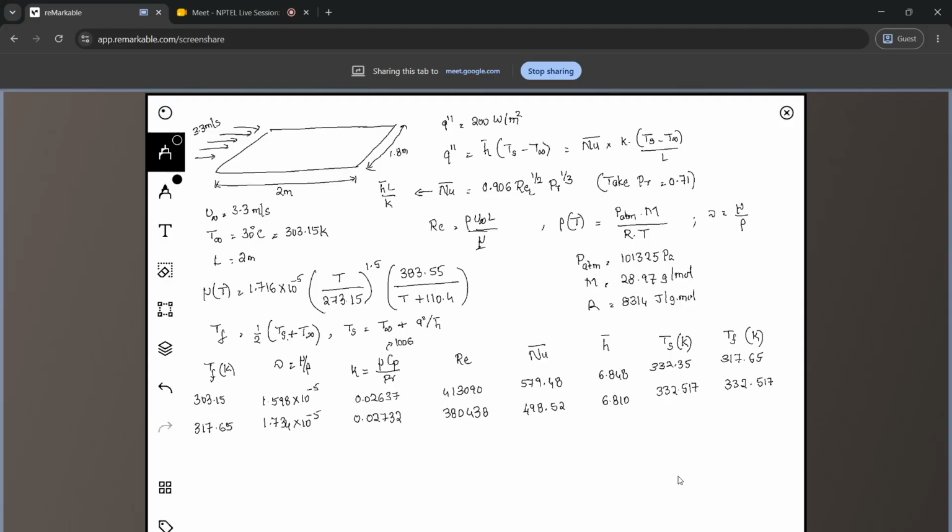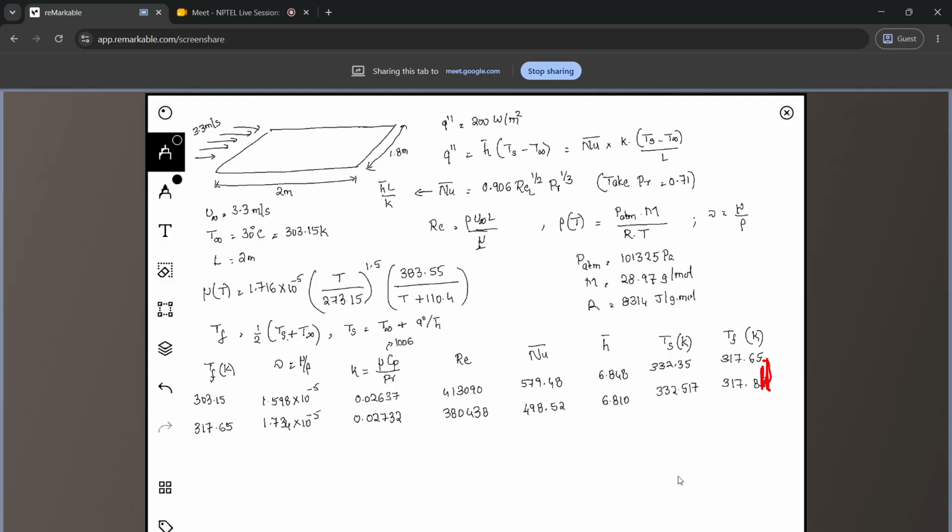So you can see that now, sorry, this is TS. So this value, TF, is coming around 317.83.